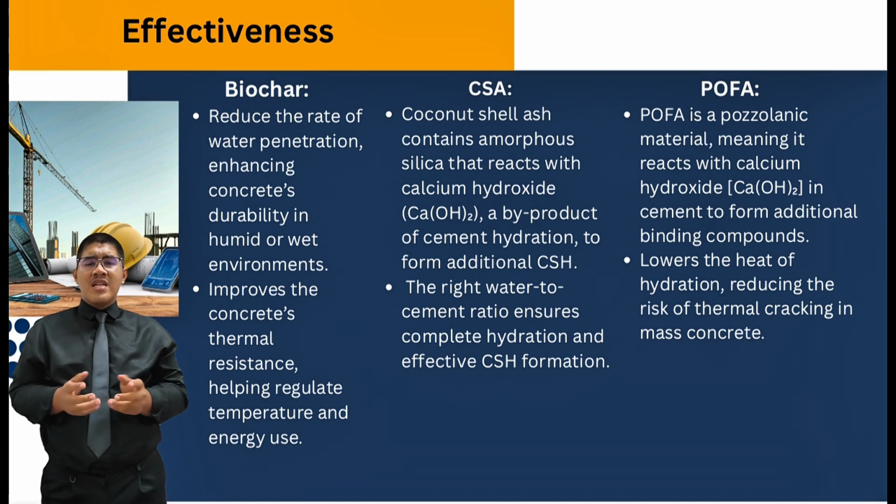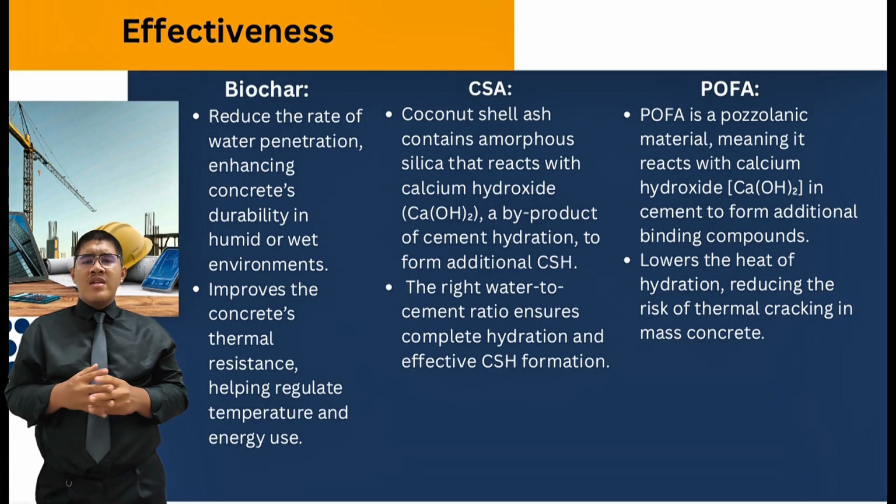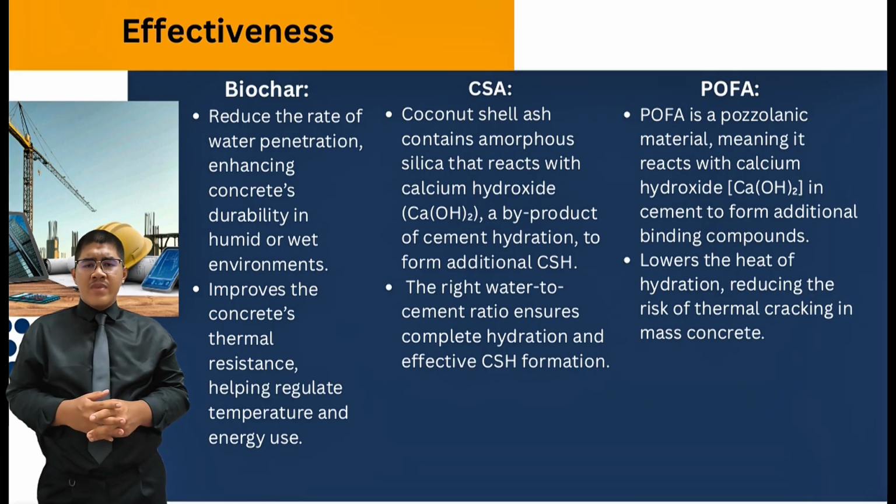Next, coconut shell ash contains amorphous silica that reacts with calcium hydroxide, a byproduct of cement hydration, to form additional calcium silicate hydrate. This reaction extends the binding strength in concrete. However, to achieve full hydration and effective formation, the correct water to cement ratio must be maintained.